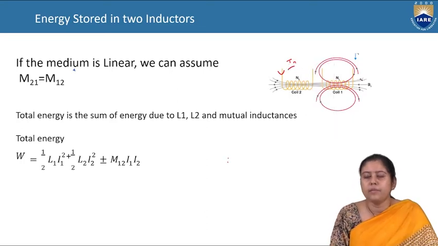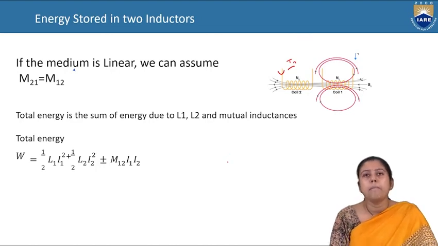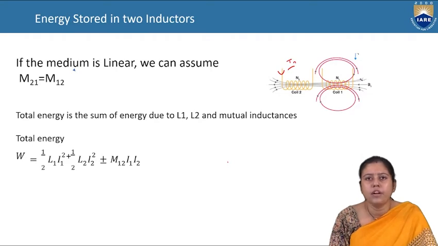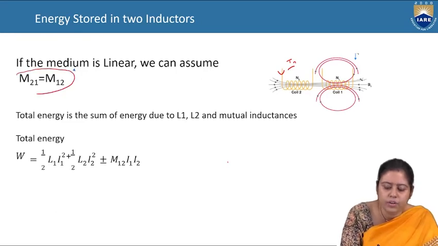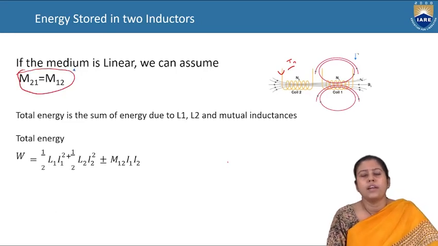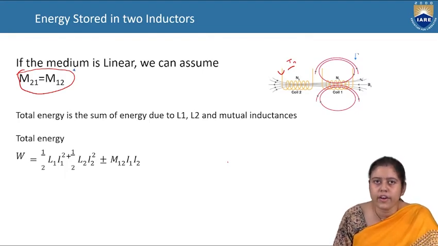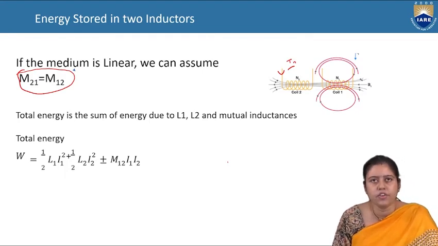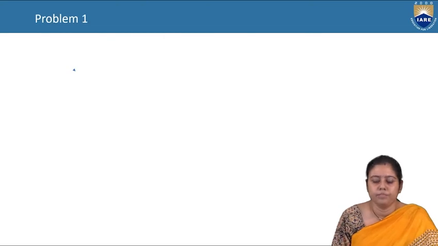Here we are taking one assumption that M12 is equal to M21. M21 means mutual inductance of the second coil due to the current in the first coil, and M12 means mutual inductance of the first coil due to the second coil.